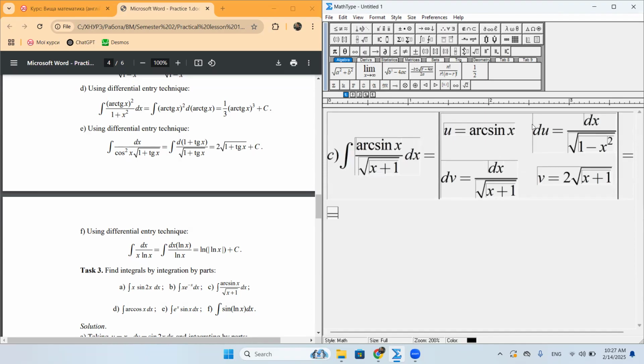So we have everything to integrate by parts, so let's calculate. Let's see what we will receive. And minus the following integral.